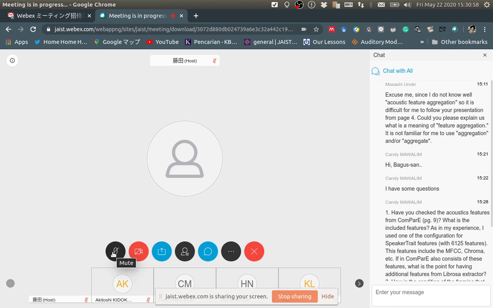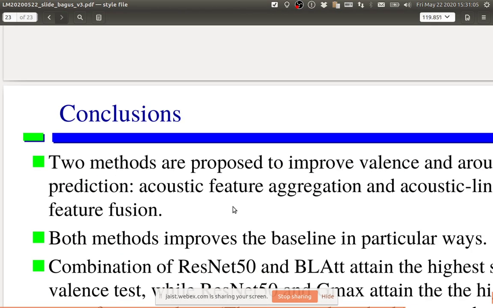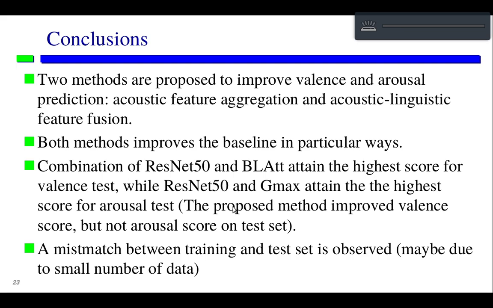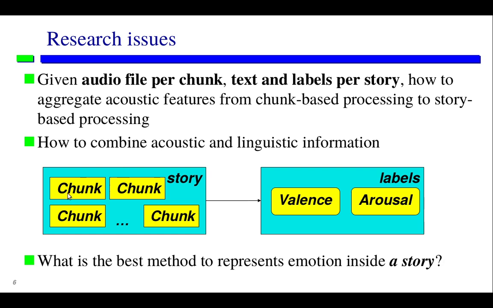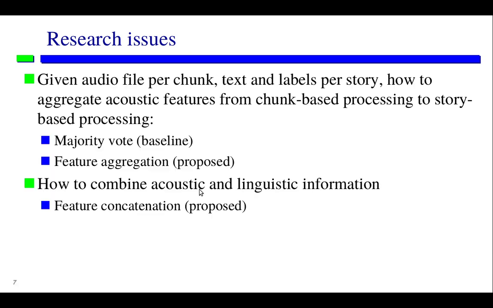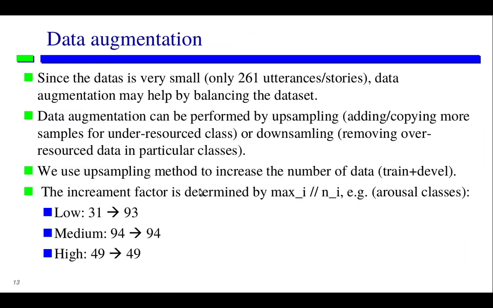Aggregation means how to obtain the acoustic feature from chunk to story. As I said here, the baseline provides acoustic features per chunk, which is a short audio file, but the labels are per utterance, per story. So the baseline uses majority voting.